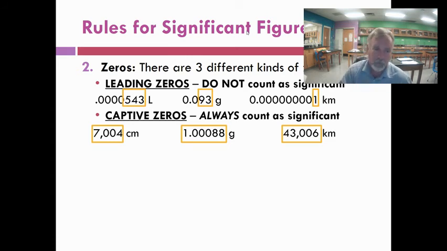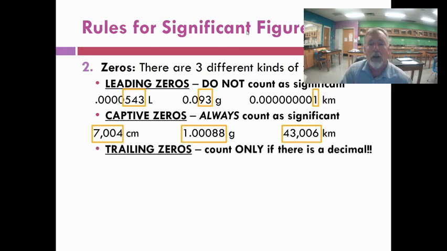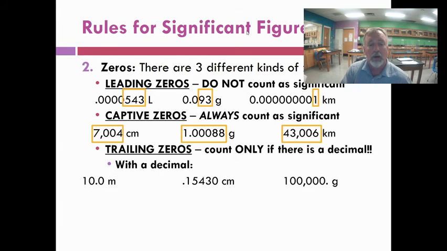The trailing zeros are the ones where it gets complicated. And the rule I'm going to talk to you about here is only count them if there's a decimal. Only count them if there is a decimal. So here's some examples of numbers with decimals. That first one, that 10.0, we have a 0 to the right of the decimal. Doesn't matter where that 0 is, but we have a decimal point. Those zeros will count as significant.